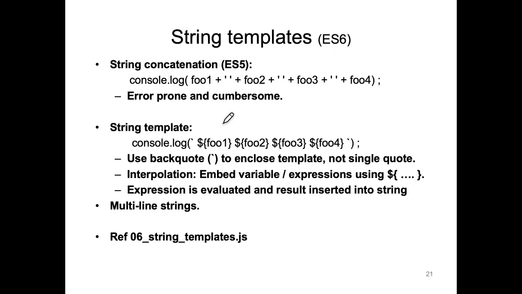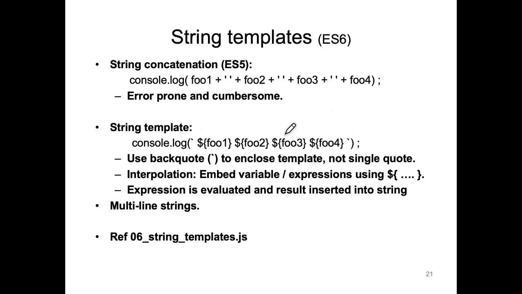String templating is where we define an entire string from beginning to end. Now, be careful. This is not the single quote here. This is the back quote. If I put single quotes here, then this whole string templating doesn't work.